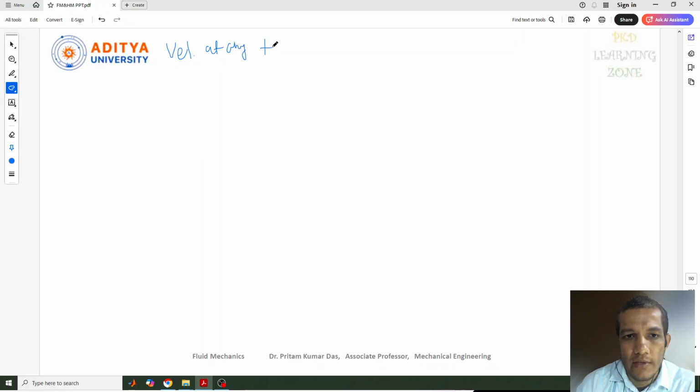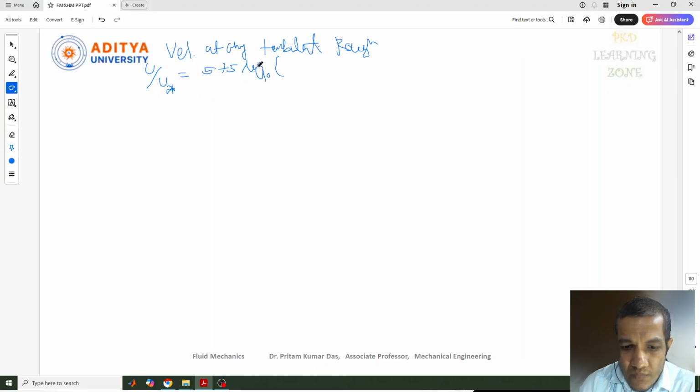I can directly go for the velocity at any point for the turbulent flow, and for the rough pipe we can write u by u star equal to 5.75 log 10 bracket start y by k plus 8.5.